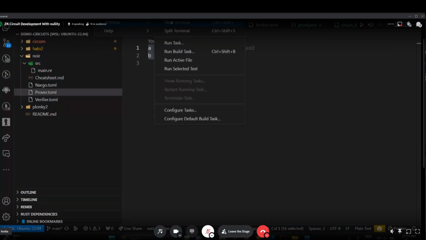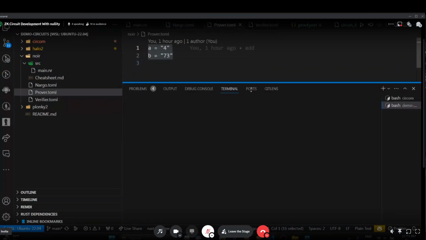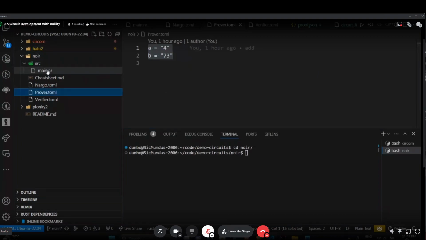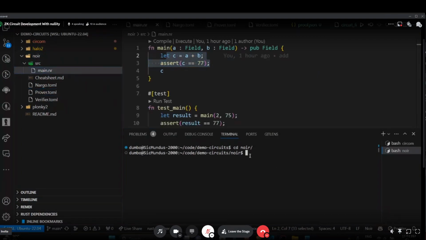So try to run this. The last time I tried to run it, it just got stuck, and it was like this for like 2 days. There's some issue with Noir since they're actively developing it. Nargo tests run well. It says all tests passed.